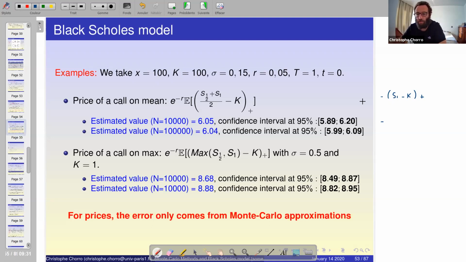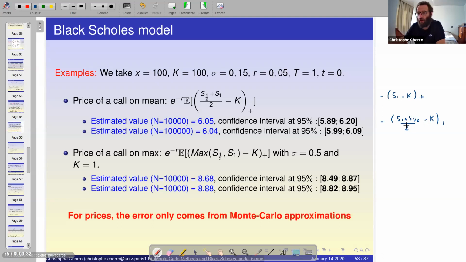Here we are going to consider two kinds of extension of this. I consider a colon mean. Instead of considering a product that will give you, at time capital T equal to 1, the possibility to buy the risky asset at the price K, I consider a product that will allow you to buy at time T equal to 1, but this average against K. It's what we call a colon mean option.